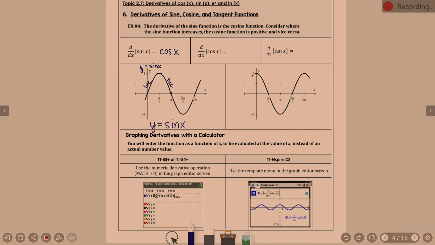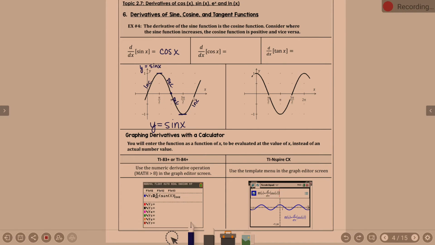It's also technically an inflection point. My graph is still decreasing, down to what? The point is 3 pi over 2 comma negative 1, but it's a minimum, and so the slope is 0. And then what are we doing here? Increasing again, yes?